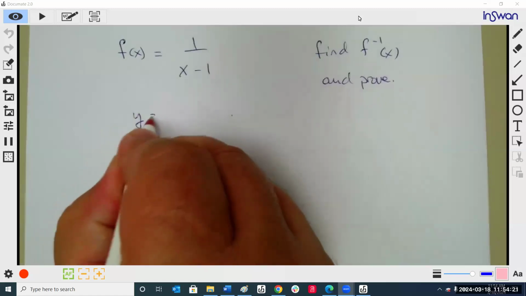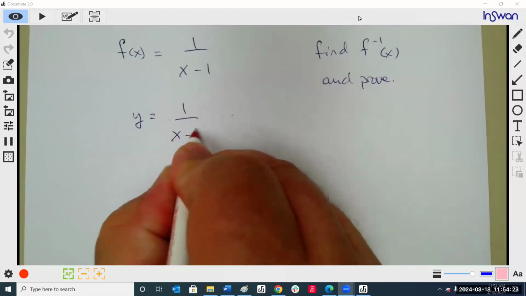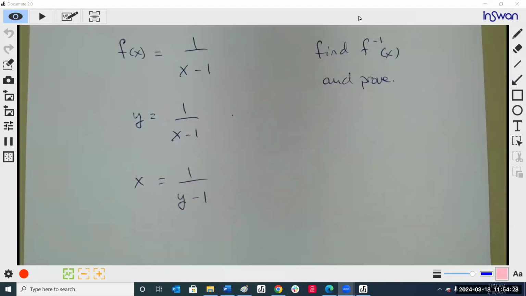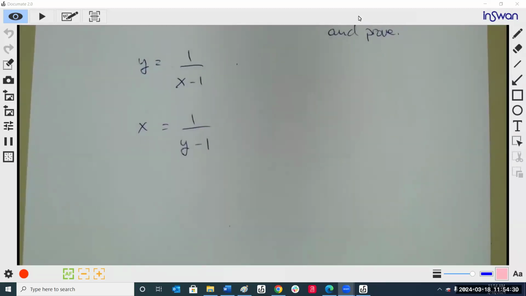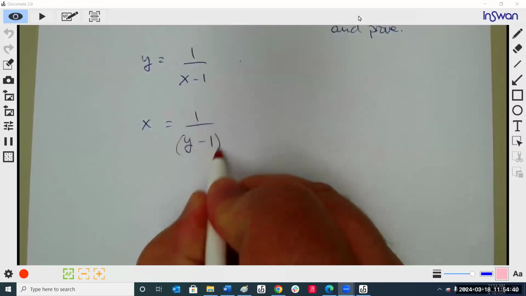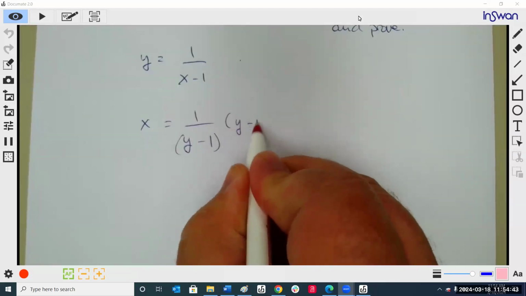So I have x equals 1 over y minus 1. Second step, how? Multiply by... We have to multiply.